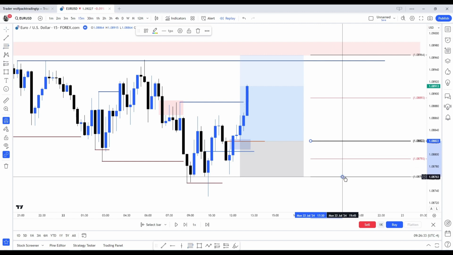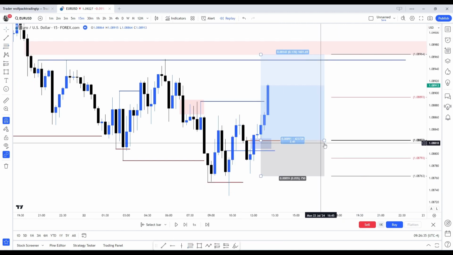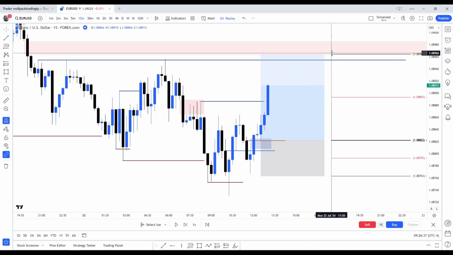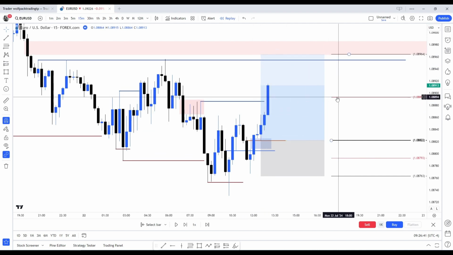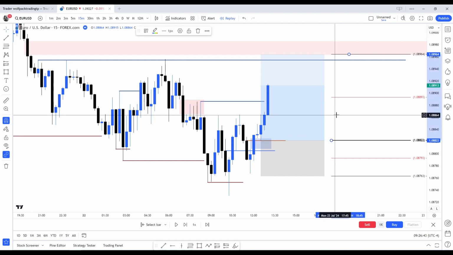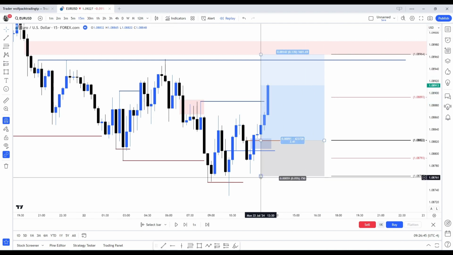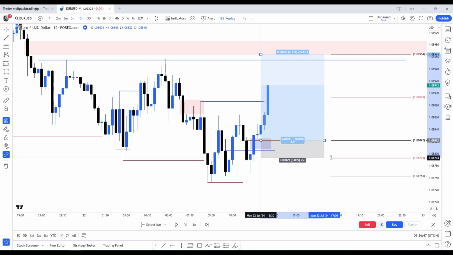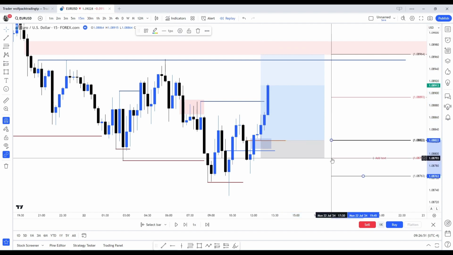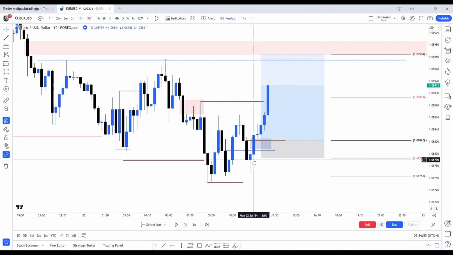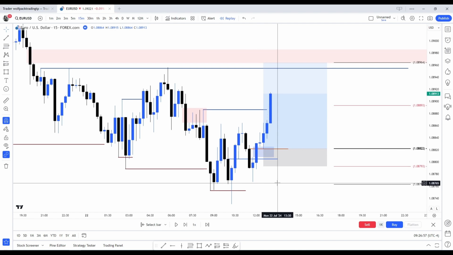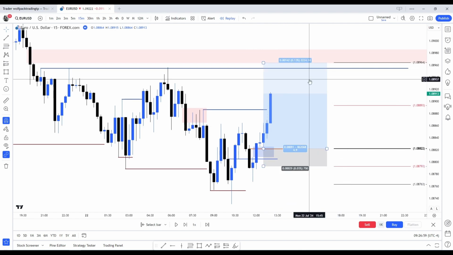You anchor a fib tool from your entry to your stop loss and from your entry to your target. Now, as you can see here, this candle hits 50% of our target. So what that realistically means is our stop loss can be reduced by 50%. So our new stop loss would go here, just below this fair value gap and just above this rejection block here. But that's for later lessons talking about rejection blocks.